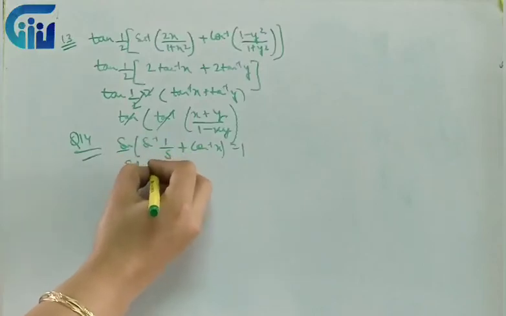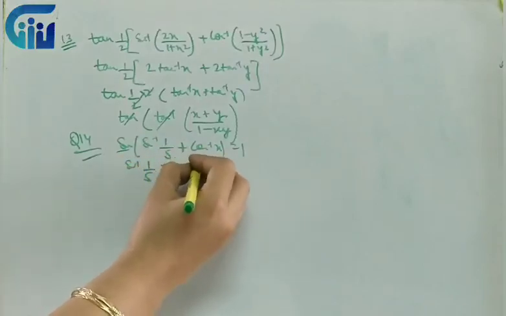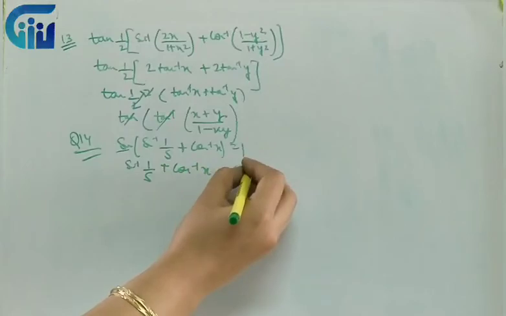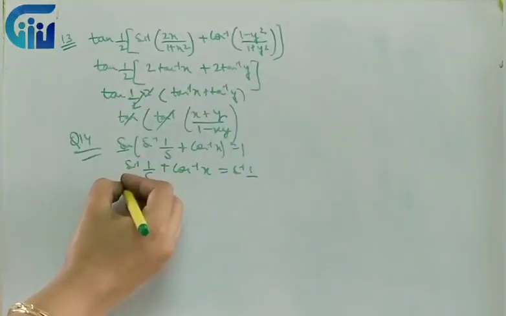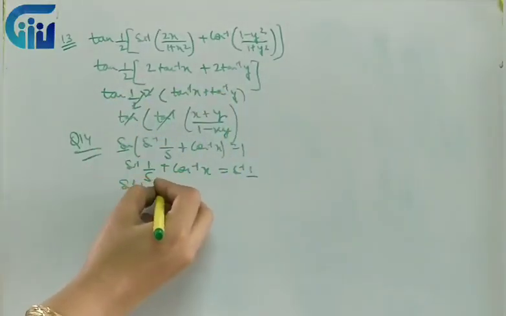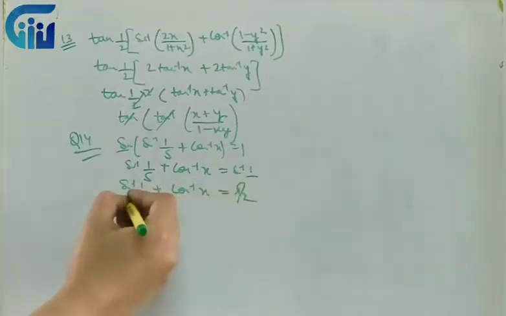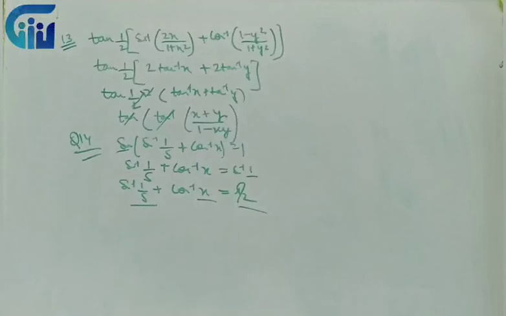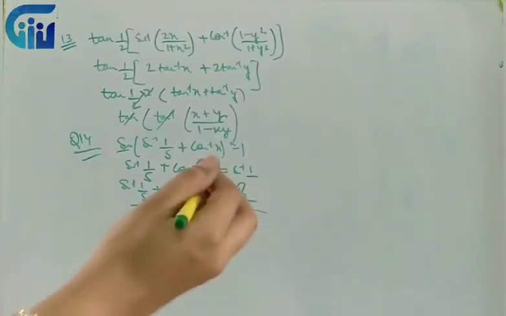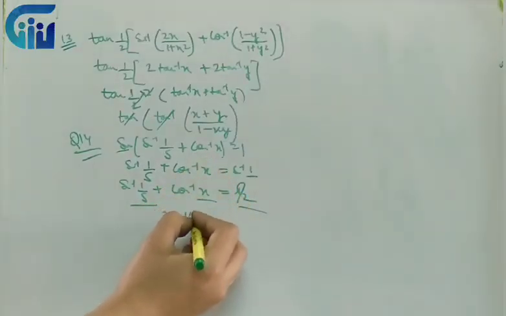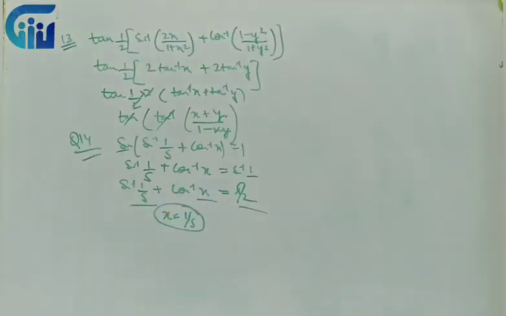So I can write it as sine inverse 1 by 5 plus cos inverse x is equal to sine inverse 1, so sine inverse 1 by 5 plus cos inverse x is equal to pi by 2. Now when the sum of sine inverse and cos inverse x is pi by 2, what will x be equal to? It will be 1 by 5, right? From the identity sine inverse x plus cos inverse x is equal to pi by 2.